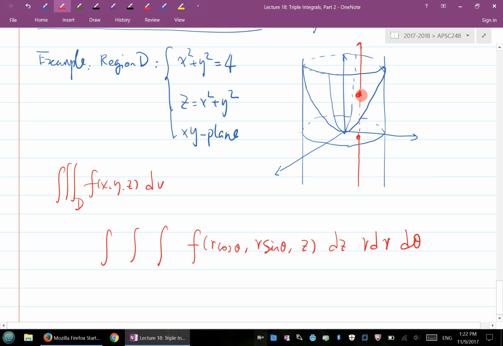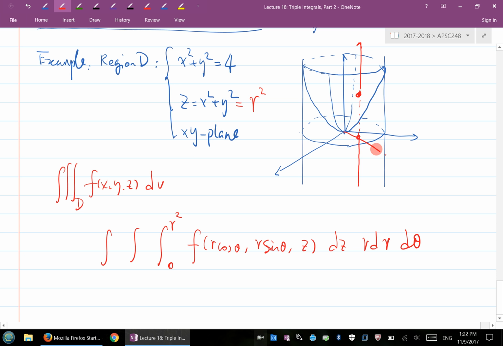That's your z min, z max. z min is quite easy, z min is 0. z max, which is on the top surface, the paraboloid, is x squared plus y squared. But you don't use x and y, you use r and theta. So replace x and y with r cos theta and r sin theta. So basically you get z equal to r squared. So the upper limit for z is just r squared.